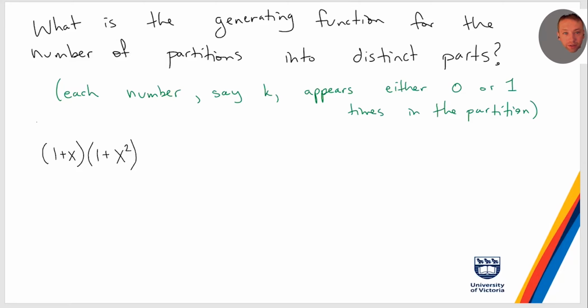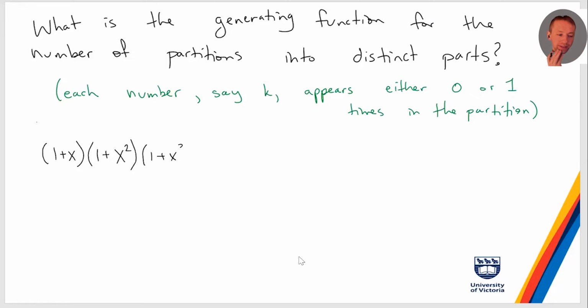So again, I'm choosing something from these factors. If I choose the 1 here, it corresponds to having 0 ones in the partition. If I choose the x, it corresponds to having 1. If I choose the 1, it corresponds to having 0 twos. If I choose the x squared, it corresponds to having 1 two. And then next you have 1 plus x cubed, and so on.